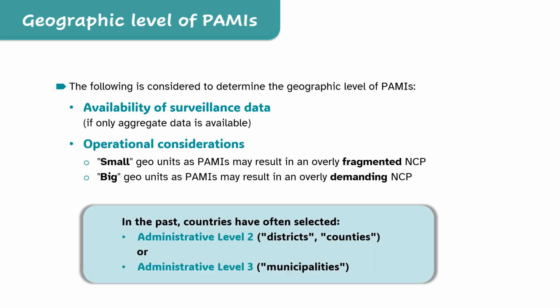Experience shows that countries often select Administrative Level 2 or Administrative Level 3 as the geographic level of PAMI. The key to determine the appropriate geographic level is to anticipate the best operational balance for the NCP in the country-specific context. Moving on to the time period over which data should be compiled.